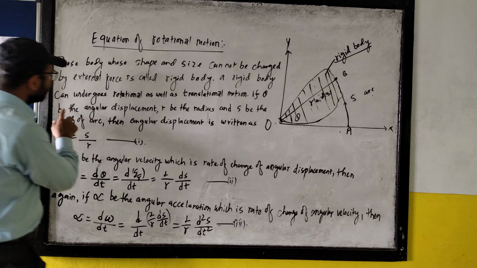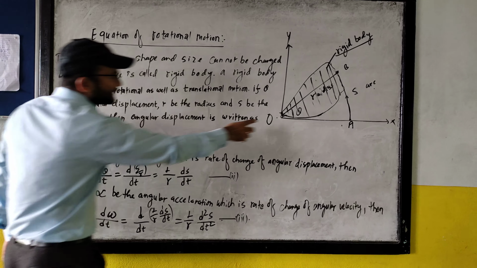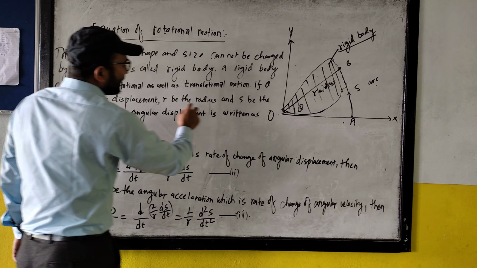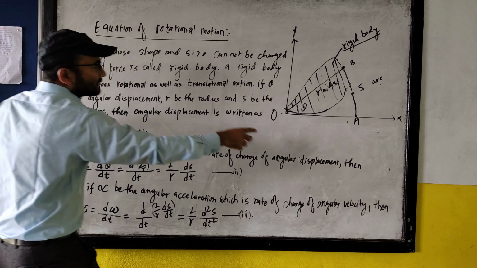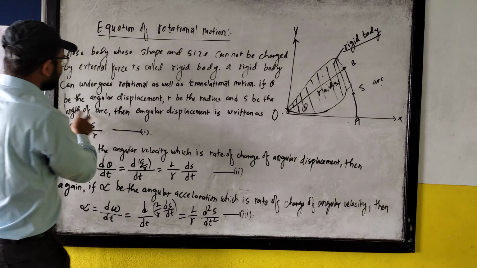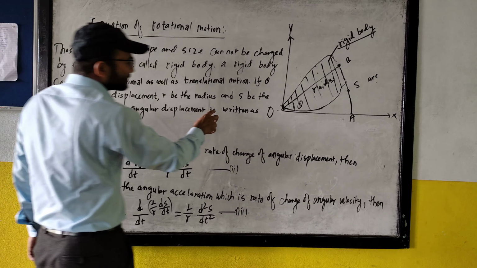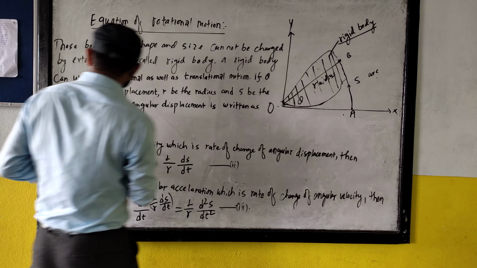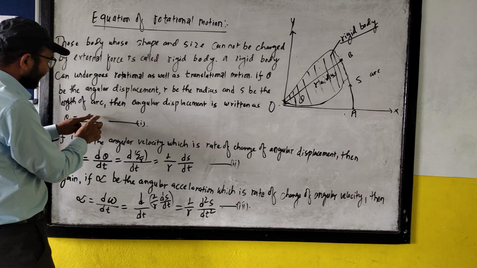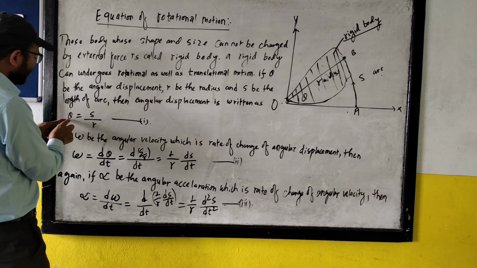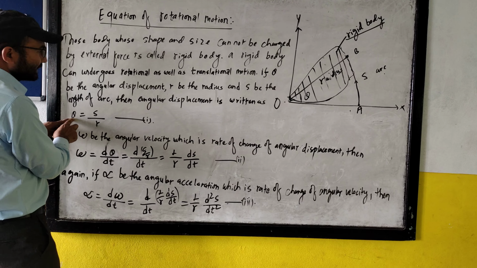If theta is the angle of displacement, R is the radius, and S is the arc, then the angular displacement is written as theta equal to S by R. The arc divided by the radius is the angular displacement.